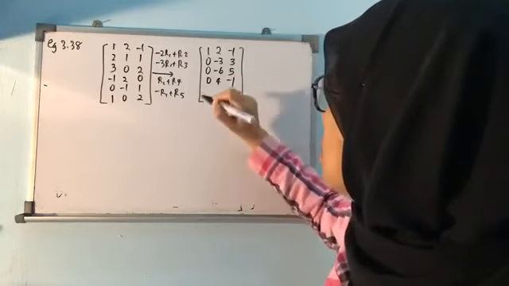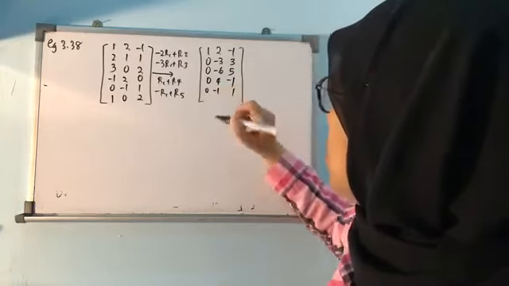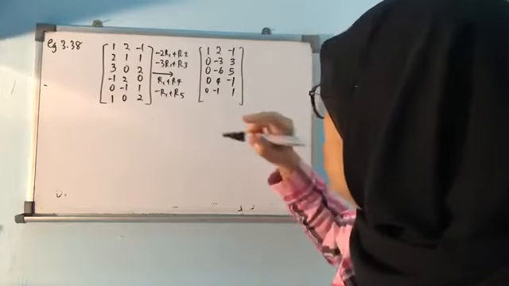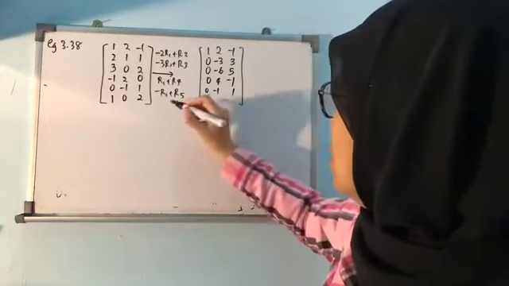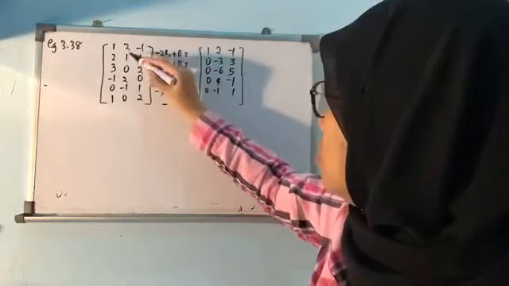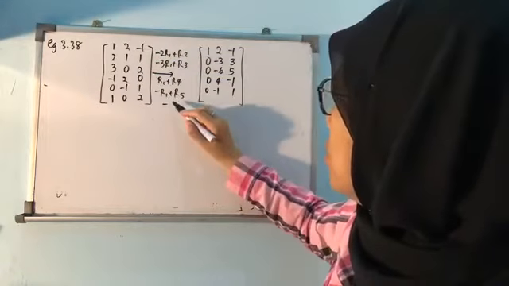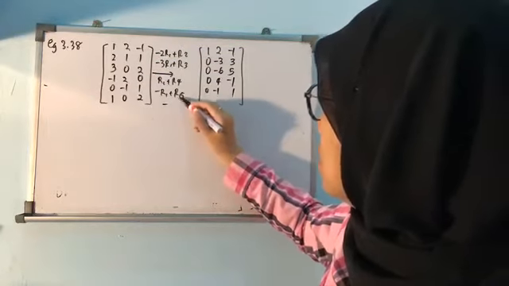Negative 1. 0. Negative 1. 1. Oh, I make negative 1, 2, 3, 4, 5. 6, yes. 6.